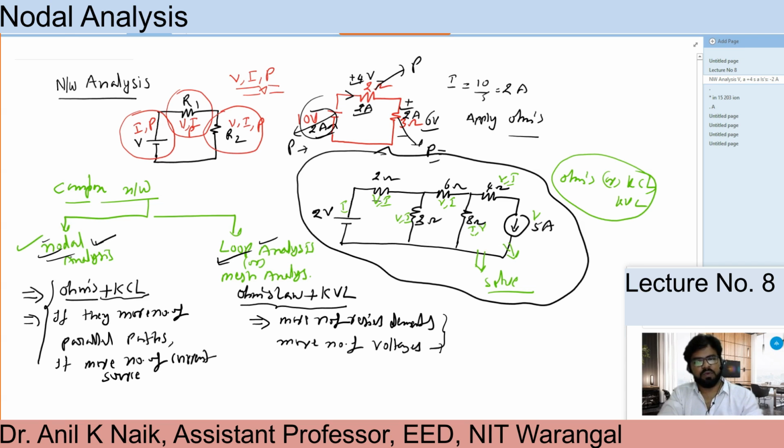Whether we go for nodal analysis or loop analysis depends on our common sense. But with either method, this network can be solved. That is the point you need to remember.